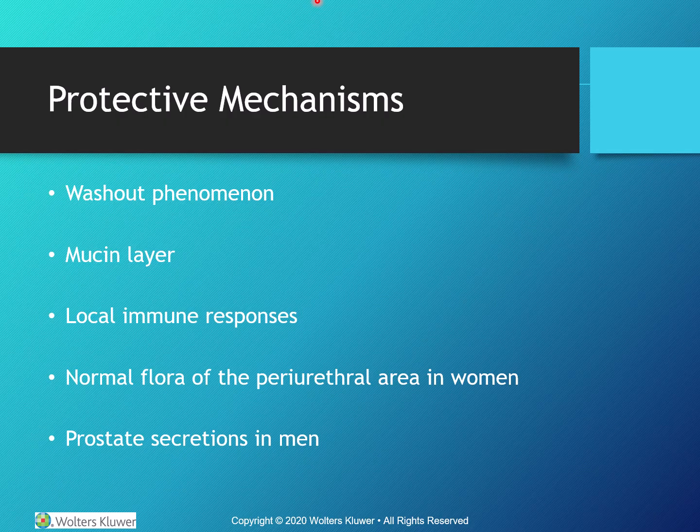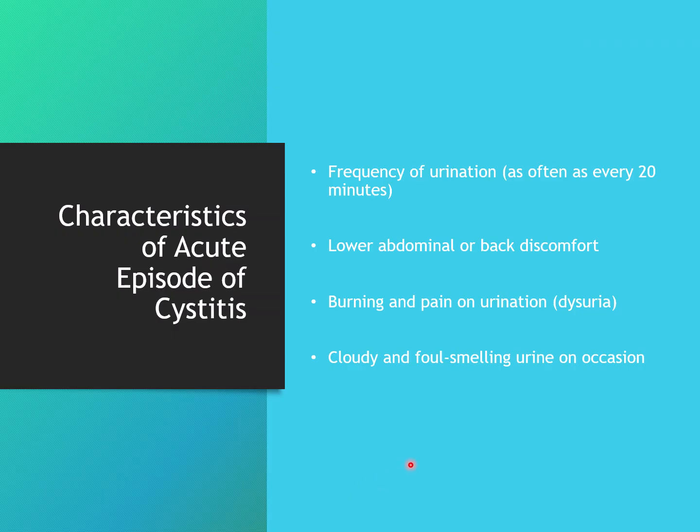So that's why we see more increases in UTI development, maybe when women are taking antibiotics or postmenopausal, because that causes changes to the normal flora of that periurethral area in women. In men, we also have prostate secretions that help to protect against bacterial invasion into the urinary tract itself as well.